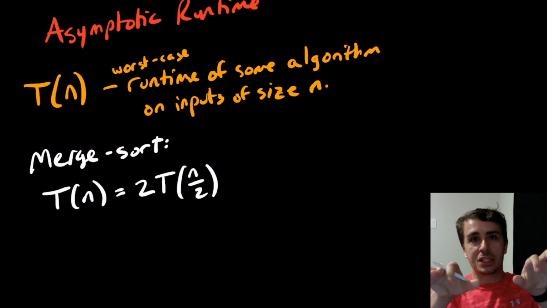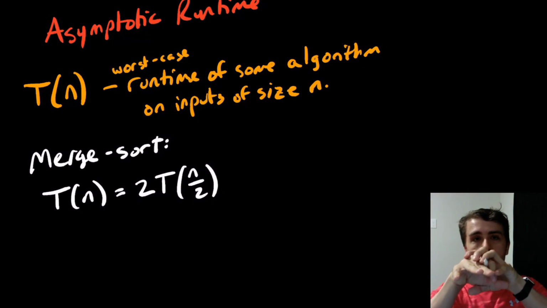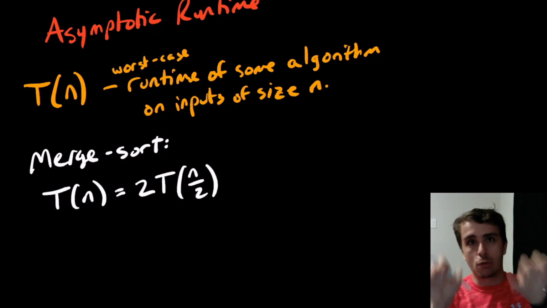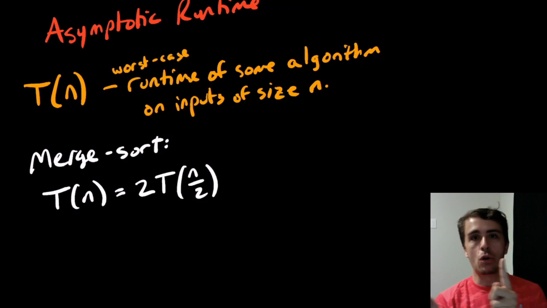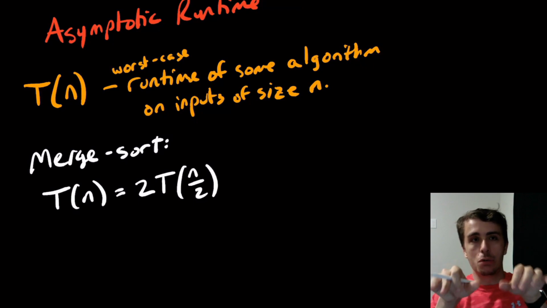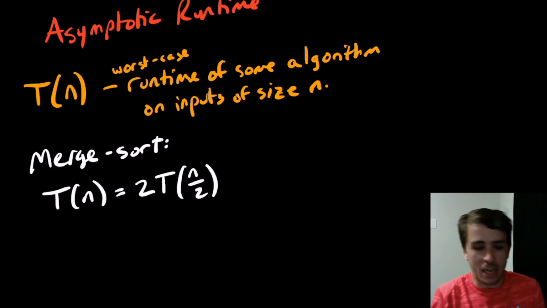But there was a cost in that we had to combine the two together. So if we had two lists of size n over 2 that were sorted, what we saw was that we only needed to look at each element one time. So if we have n over 2 times 2 elements, therefore we have n things to look at, and we see each of them one time.